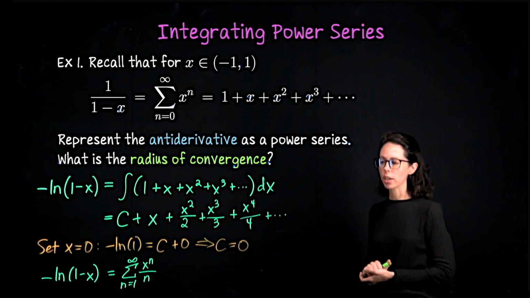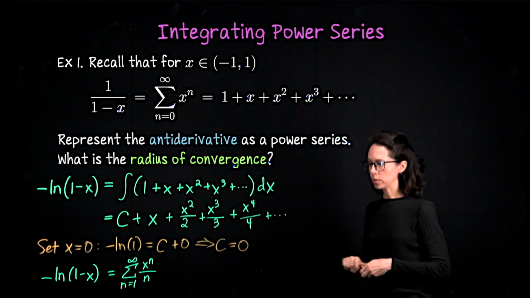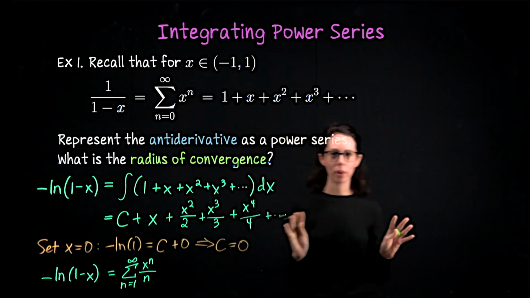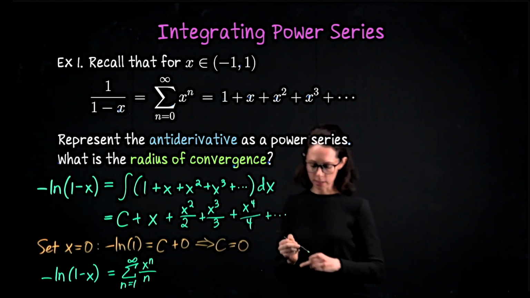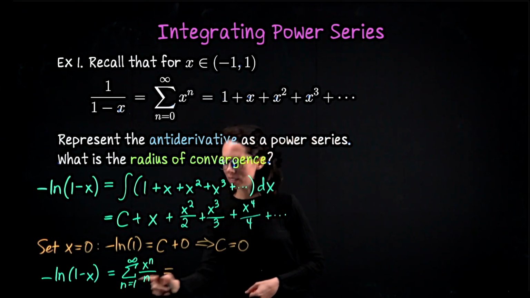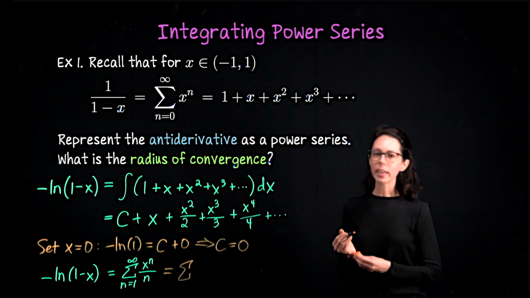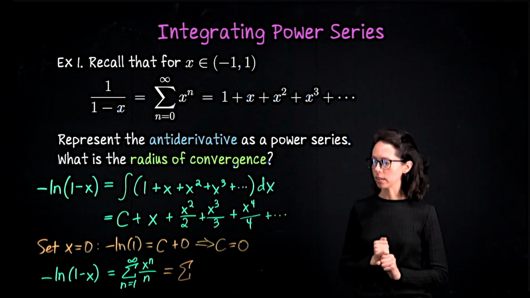I just want to mention how you could re-index it so that you are starting from n equals 0. And there's a reason why I want to do this. This looks better than what I'm about to write down, but just bear with me for a second. We could also take this very nice looking expression and re-index it, meaning shift where our lower index starts.